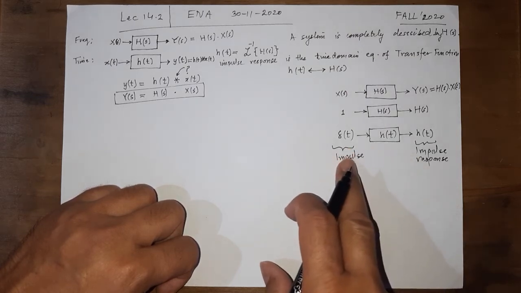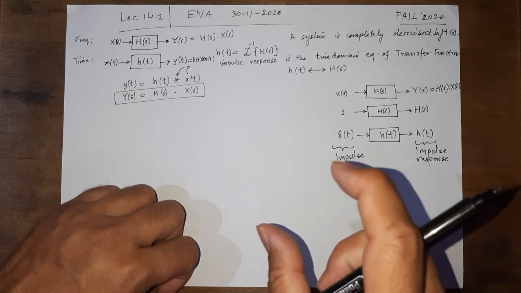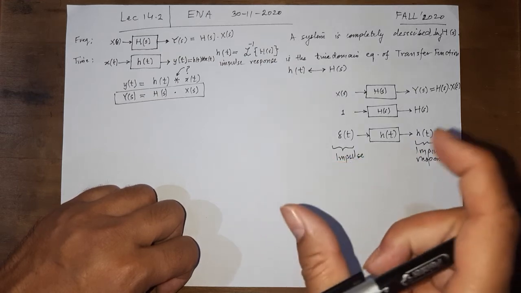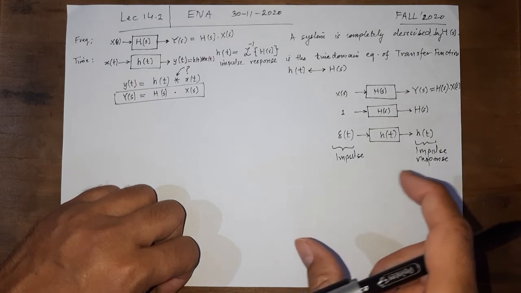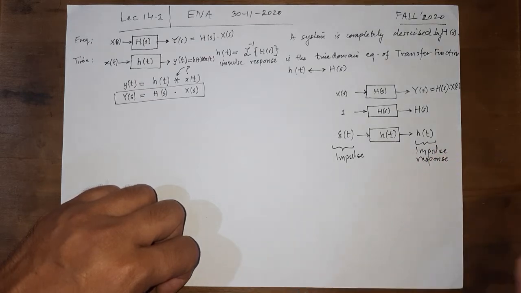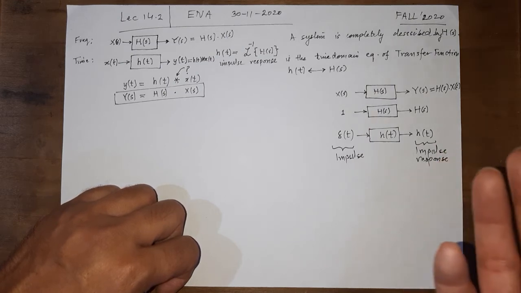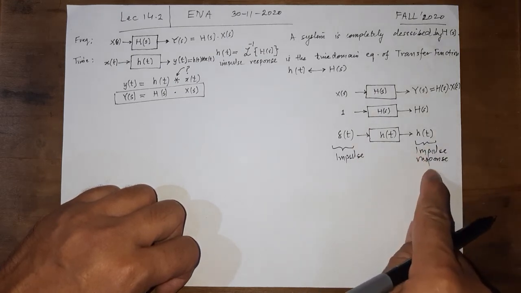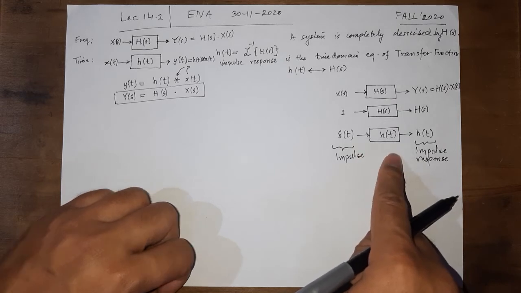So that is the point of the impulse. So in a circuit, for example, if we apply a very large voltage for a very small amount of time, or a very large current for a very small amount of time, it is like applying an impulsive voltage or current. So that's a very, very important thing.